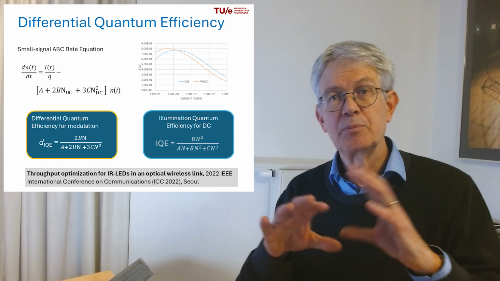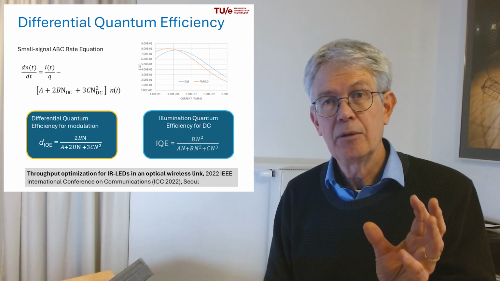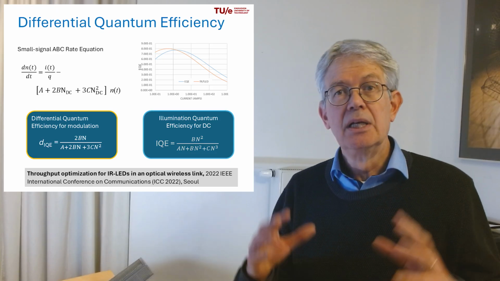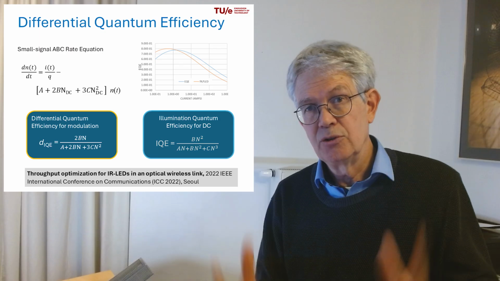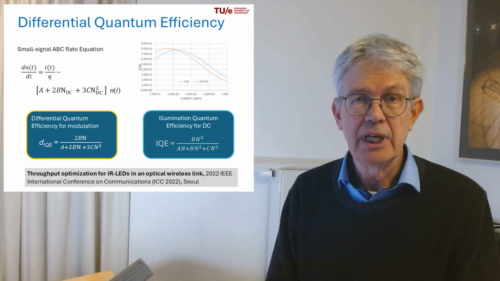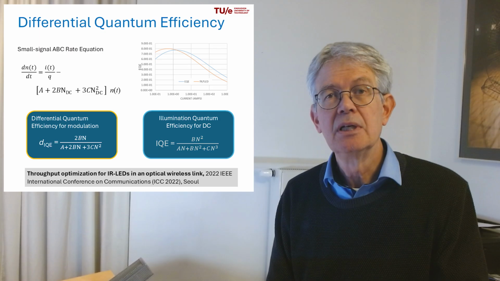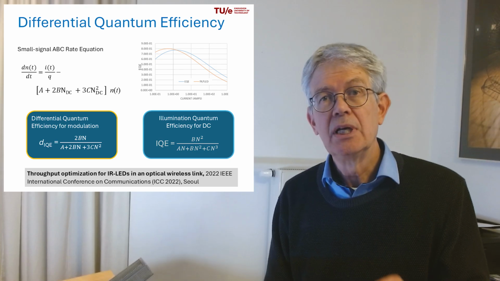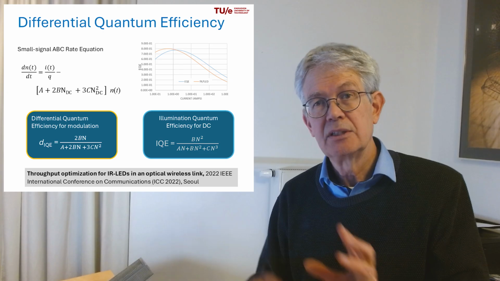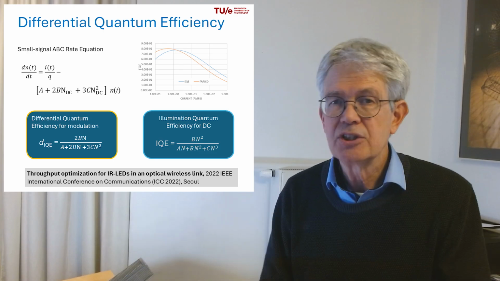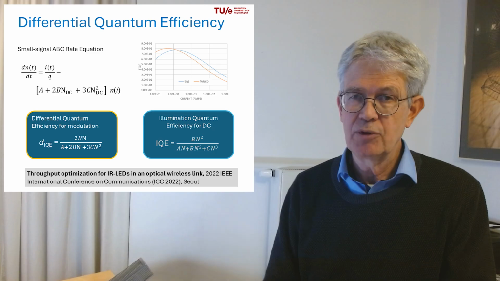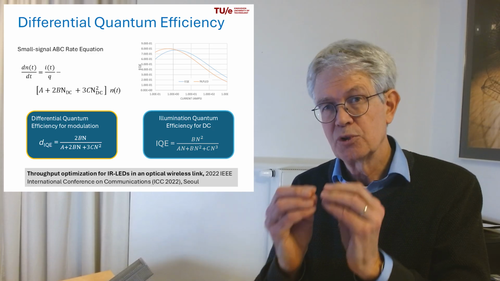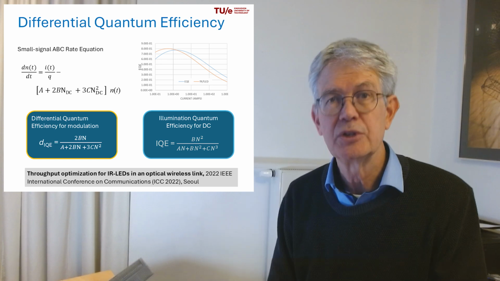And there I need to express that whole term, n plus small n, capital N plus small n, squared, and taken to the third power, fed into the ABC equation, and that gives me a plus 2bn plus 3cn squared times n(t). It is more or less the same as taking the derivative of that polynomial and then take a first order Taylor expansion for small variations, small n of t.